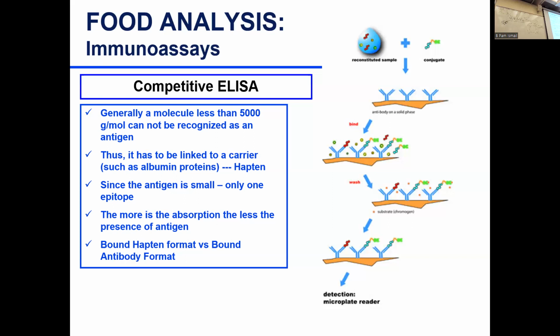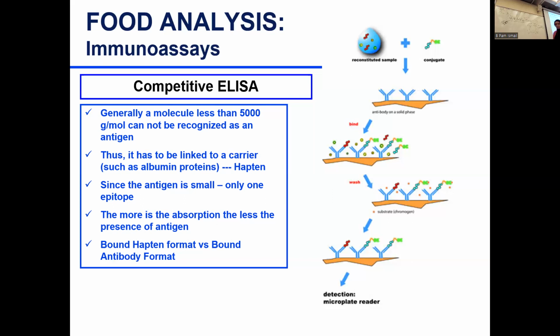If you have in your sample a lot of your antigen, then less labeled ones will bind, then you will have less absorption. So here there is an inverse relationship between the absorption and the concentration of whatever antigen you have in your sample. Okay, so that's why it's called competitive, because they compete.